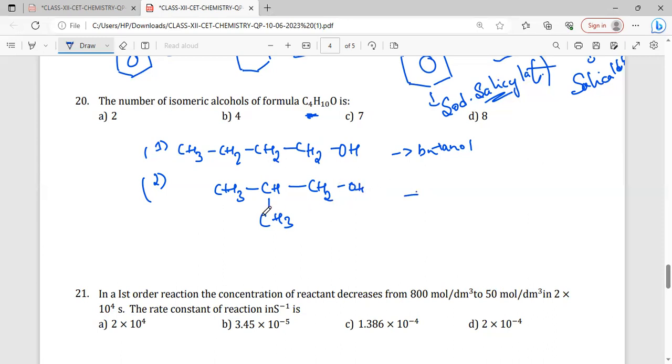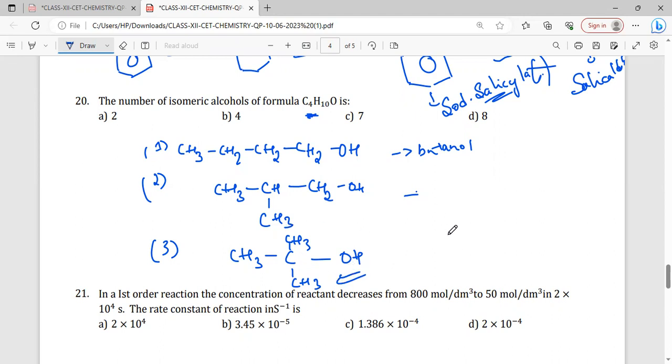So this could be the other one. Then CH3, C, CH3, CH3 with OH: 4 carbon atoms, 9 plus 1, 10 hydrogens, and 1 oxygen. This can also be another isomer, right?